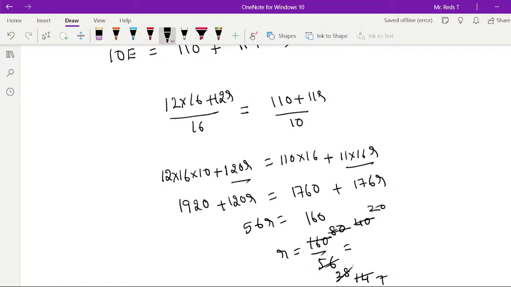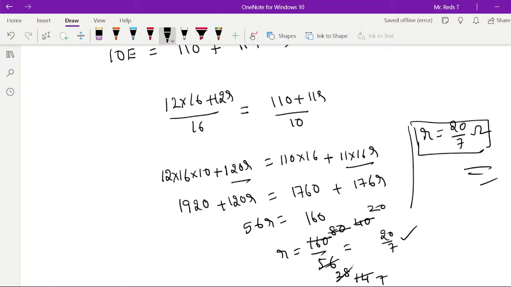Further you cannot cancel, so it is equal to 20 by 7 ohm. So R is equal to 20 by 7 ohm will be the internal resistance. You can simplify this way.